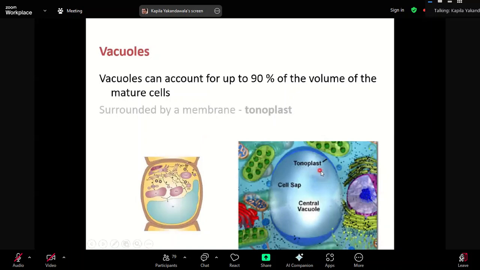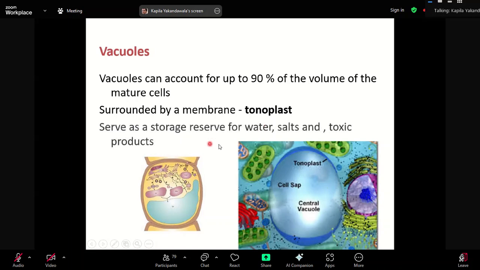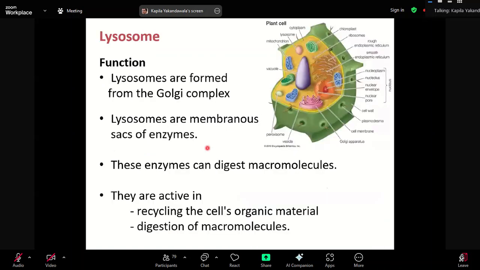Then all plants have a larger vacuole. It covers about 90%. And there's a sap here we call cell sap, covered by a membrane we call tonoplast. So it stores water, salt, toxic material, etc. Usually plant cells have a large vacuole.